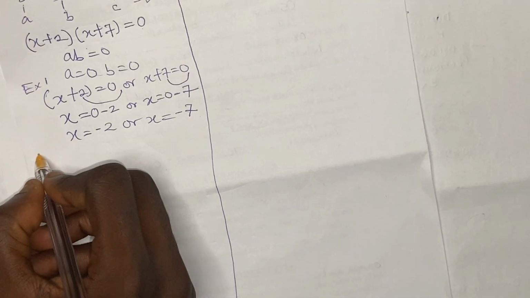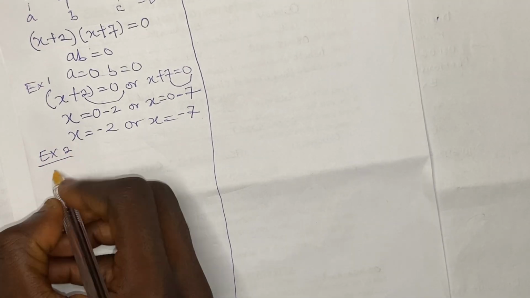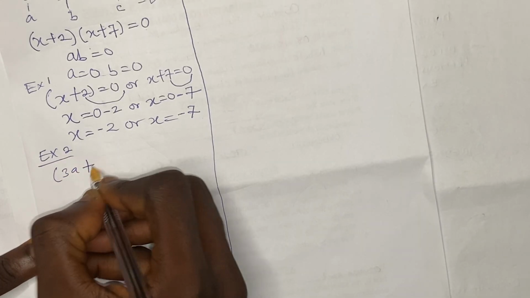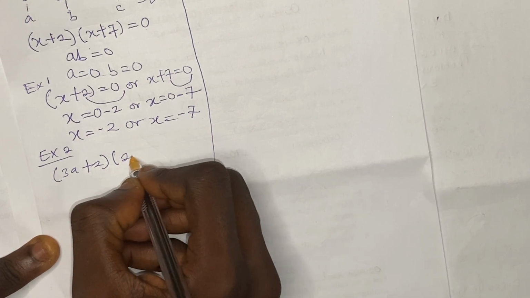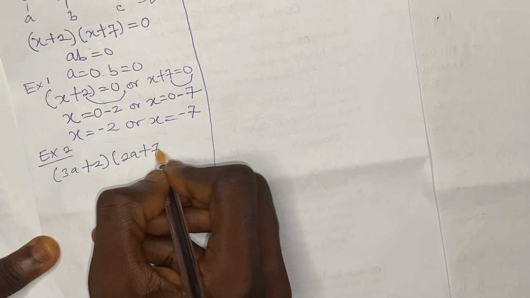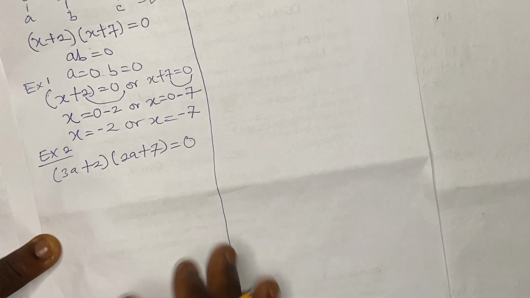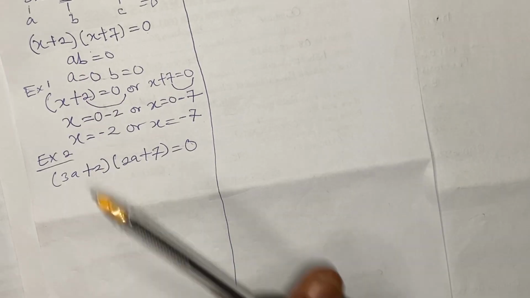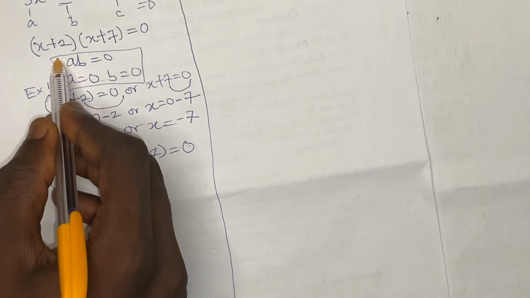Now let's say we have example 2. Let's say I have (3a plus 2)(2a plus 7) equal to 0. You can see that this is of the same form. So when you have it of this form, this is what you are going to do.